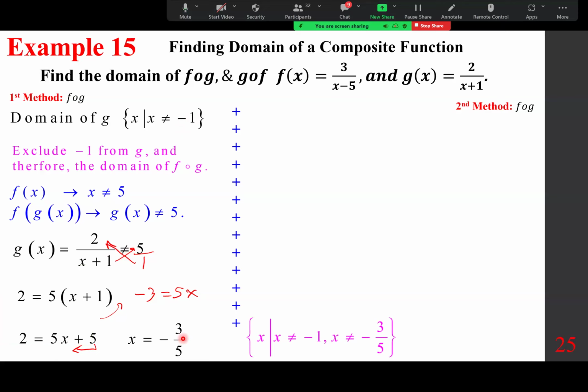We are going to look at the second method. We are going to write what should be excluded from each one. From this one, x can't be 5. From this one, x can't be negative 1. Then we look at the composite function that we want, in this case, f of g.